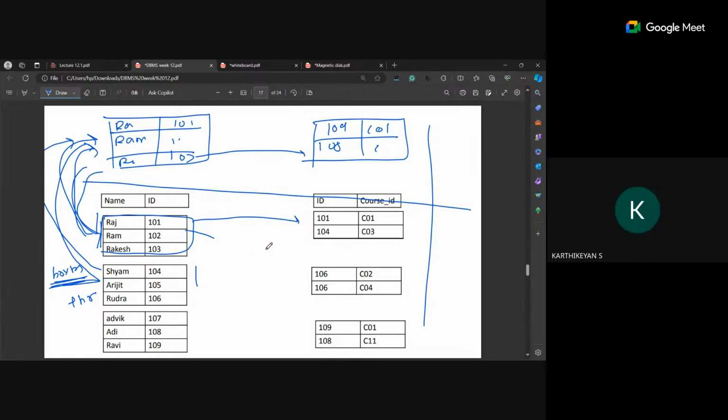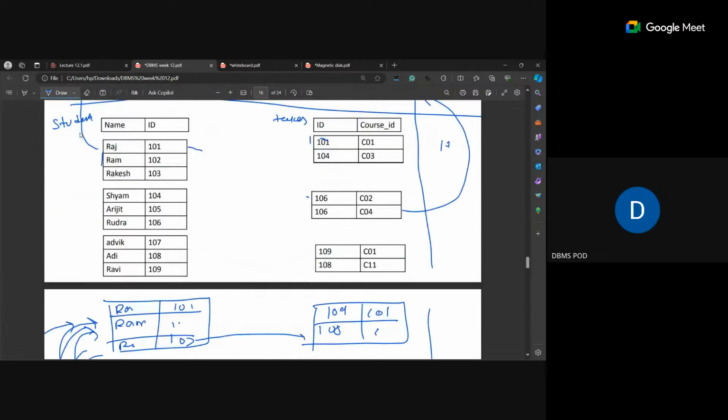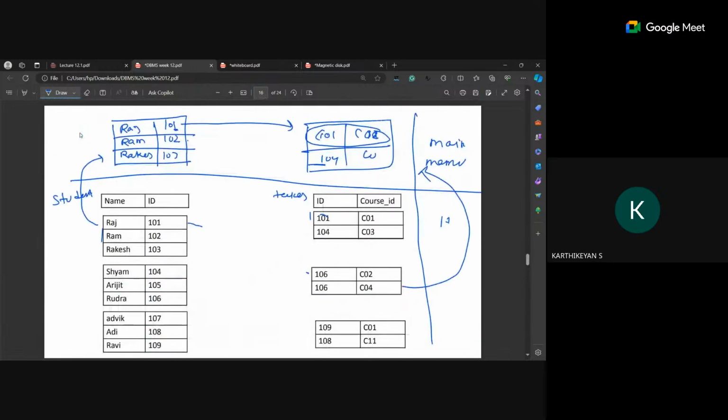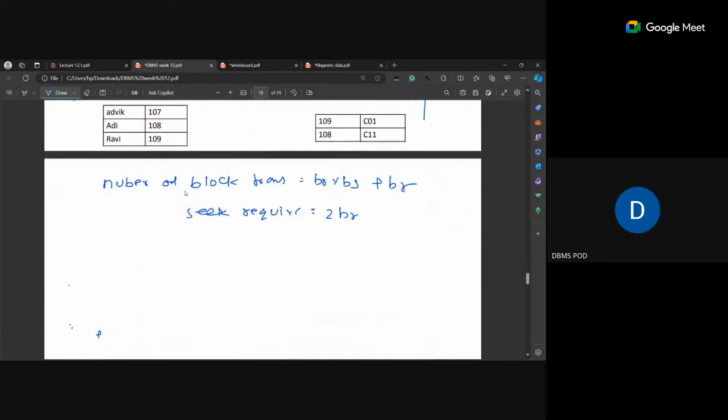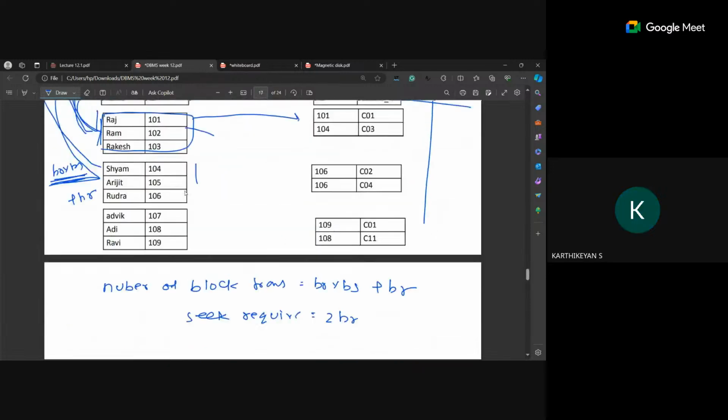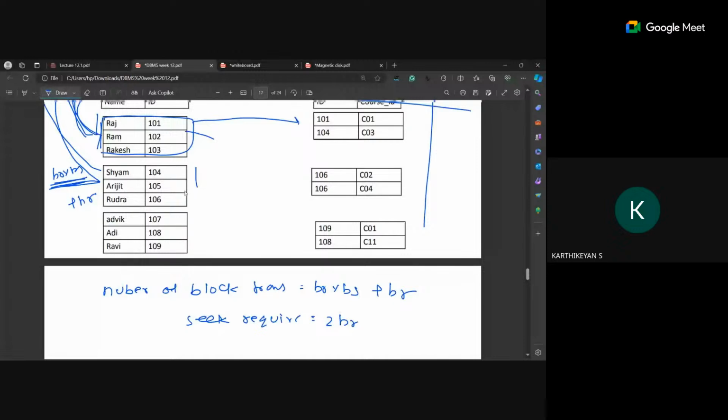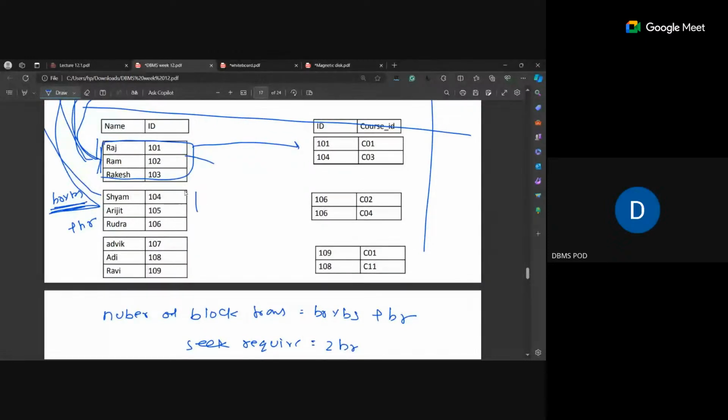For the seek, instead of 2 BR, it should be BR plus BS, only two seeks required, right? Because all the things will be stored in the main memory, so no seek is required. I'm talking about the worst case, 2 BR. Because one time I'm seeking the number of blocks.